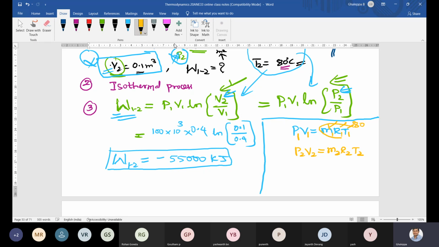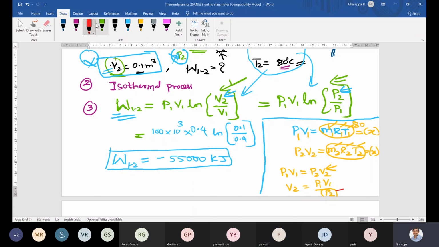So you will get some value X, the same value at both states. So P1 V1 is equal to P2 V2. Using this equation, I am asking you to calculate V2. V2 is equal to P1 V1 divided by P2. But I am saying P2 is also not known.